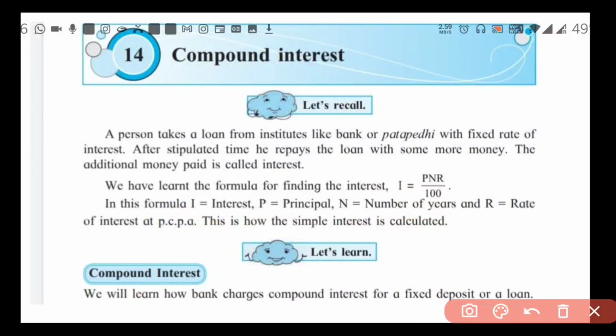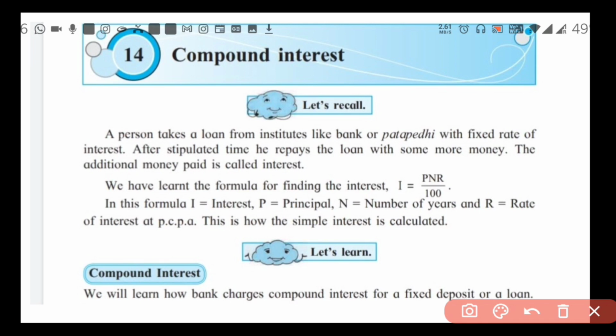A person takes the loan for a stipulated time period, for example for 1 year or 2 years, but after the stipulated time period gets over he may not be able to repay the loan to the bank. Then the bank will calculate the loan in a different way. It will not be calculated by the method of simple interest.